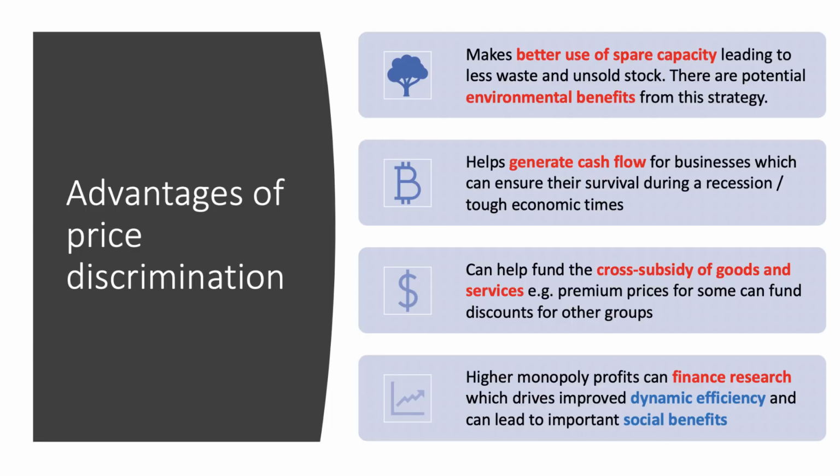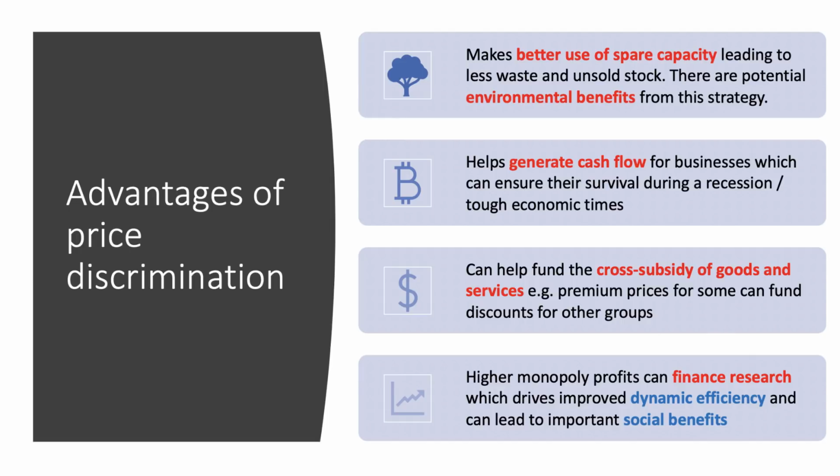A pharmaceutical company charges a higher price for the same drug in a rich country, an advanced nation, and then can charge a lower price for the same drug in an emerging or less developed country. The benefit of that is that consumers may be able to afford a product that they couldn't previously afford. So a special discount to certain groups could bring those consumers into the market.